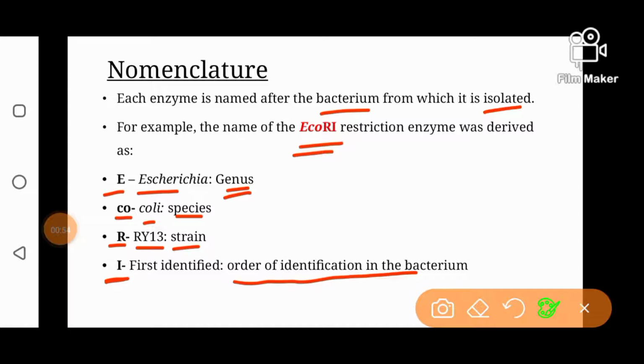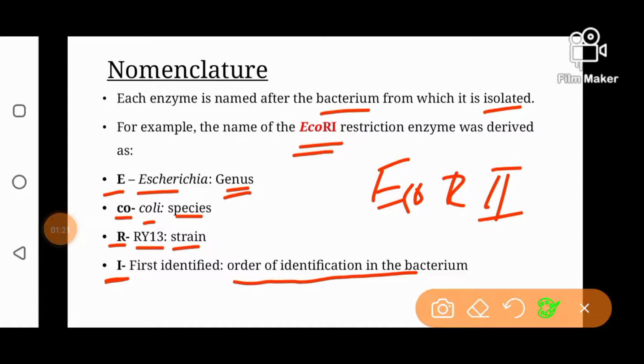For example, if E. coli produces one restriction enzyme, it will be named EcoRI. If there is a second restriction enzyme isolated from E. coli, it will be named EcoRII and so on. If there is a fifth restriction enzyme isolated from E. coli, it will be named EcoRV.